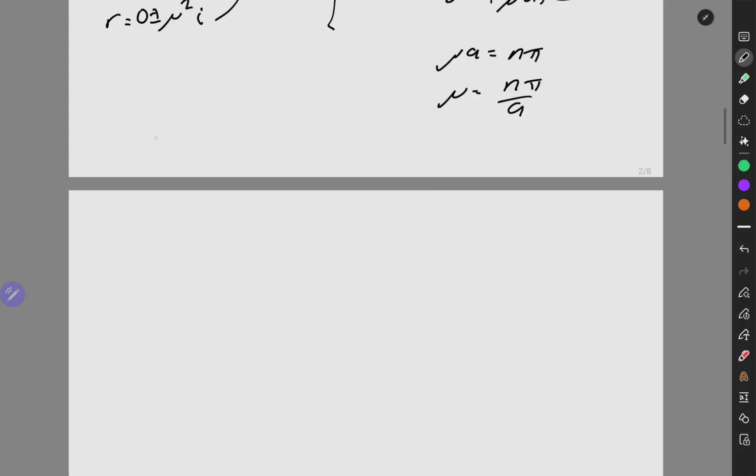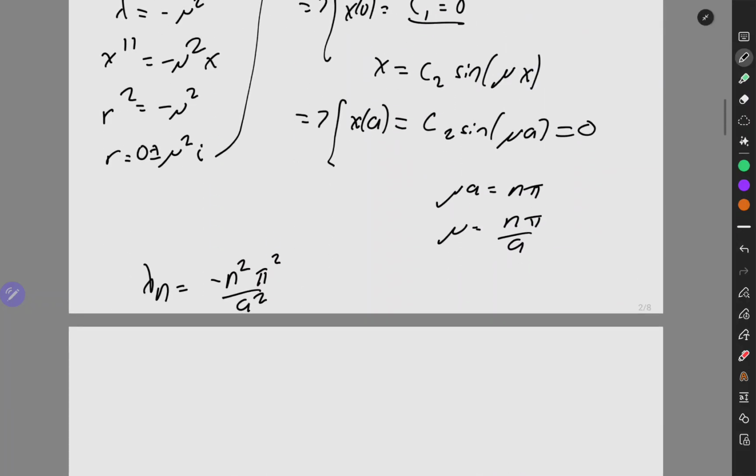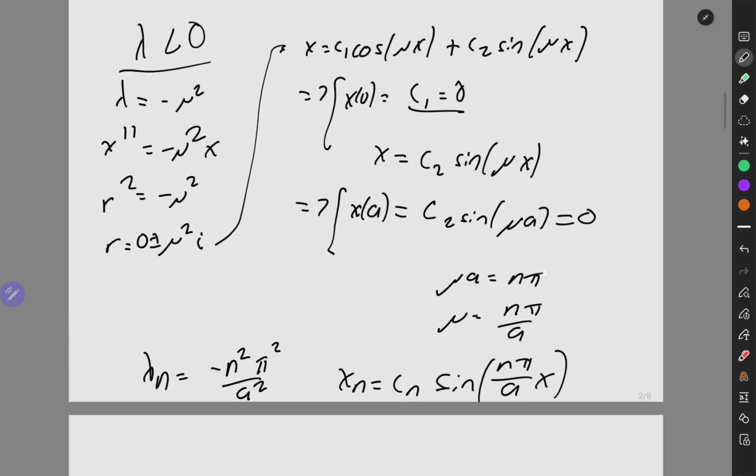Our eigenvalue is going to be negative n squared pi squared over A squared, because it's negative mu squared. Our eigenfunction, C of n sine n pi over A times x.